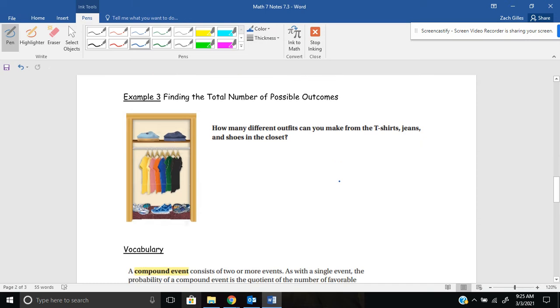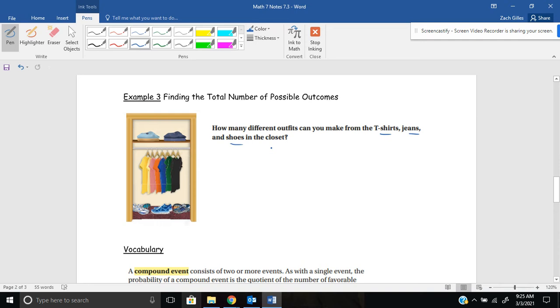In example 3, essentially we just add another event. Finding the total number of possible outcomes again. So same thing we've been doing before, but now we're not just talking about 2 events. We're saying how many outfits can you make from the t-shirts, jeans, and shoes in the closet.